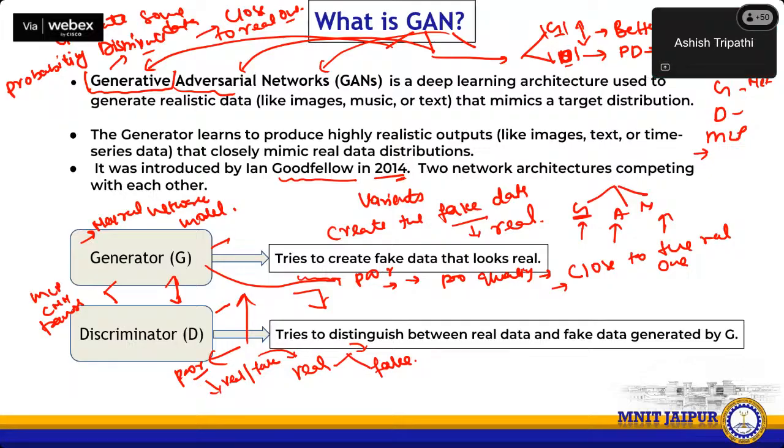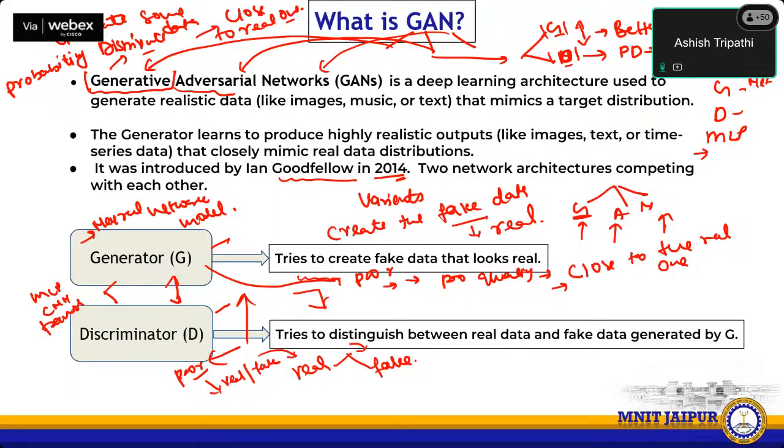So this is the reason it is called adversarial, because the goals of the generator and the discriminator are different. However, I will tell you in the upcoming slides that in order for the overall model to be good, both should compete in a healthy environment.